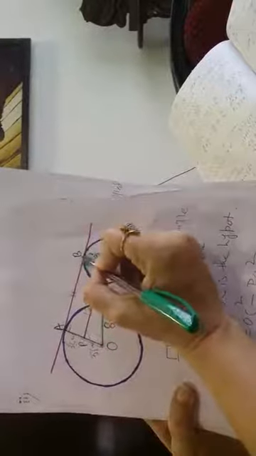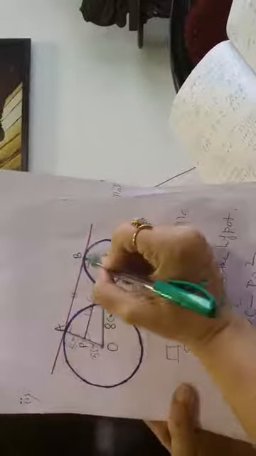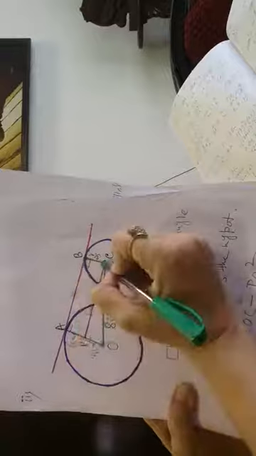Therefore PO, I have just explained why this is equal to this as the opposite sides of the rectangle. So this is 3, which means this is also 3. Now PO will be 8 minus 3, that means 5 centimeter. Now consider the triangle OPC.